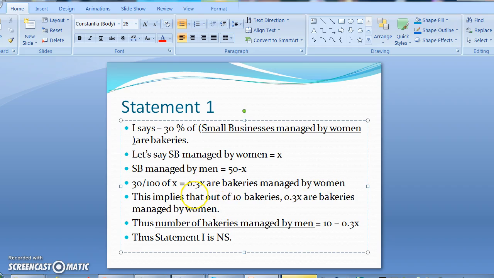There are 10 bakeries in total, so the number of bakeries managed by men becomes 10 minus 0.3X, correct? We need to know if this is at least 5, but we cannot know that until I know the value of X. Therefore, statement 1 is not sufficient to answer this question.